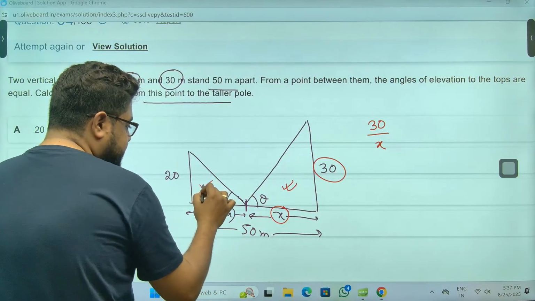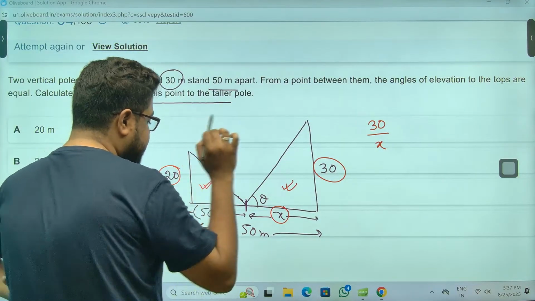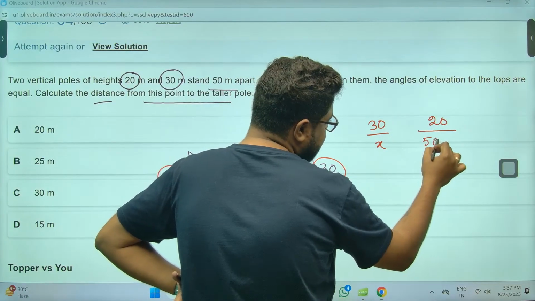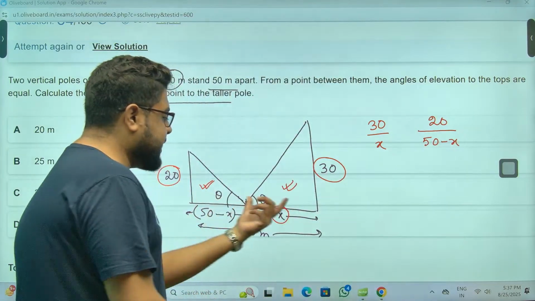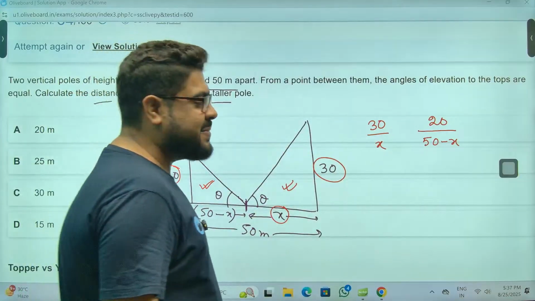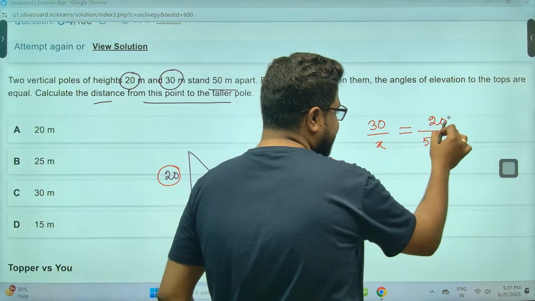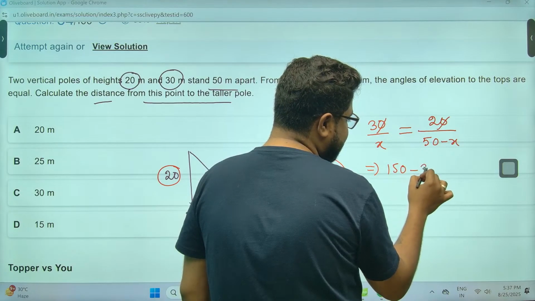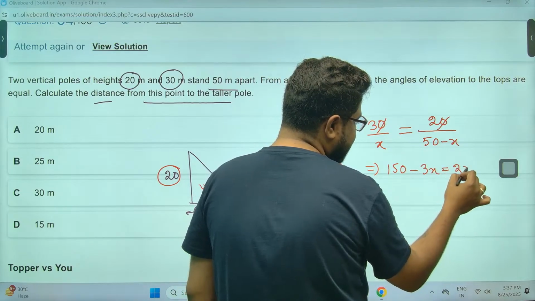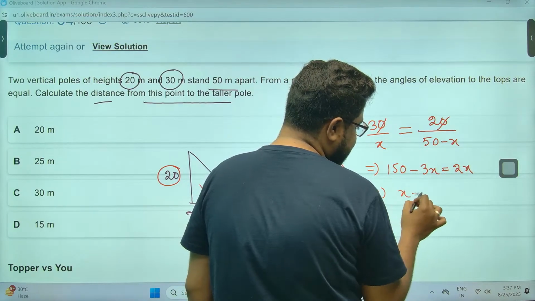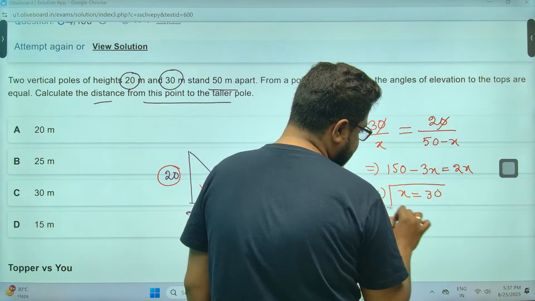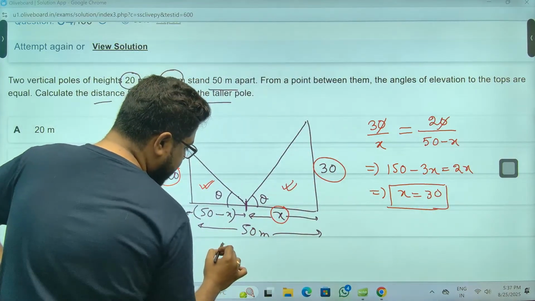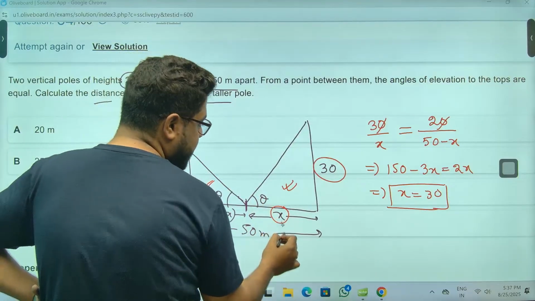Tan theta from this triangle, height by base, 20 by 50 minus x. Now theta is equal means tan theta is also equal, meaning both are the same. 0, 0 gone. Cross multiplication: 150 minus 3x is equal to 2x. So 5x equals 150, x is 30, sir. So the distance will be 30.